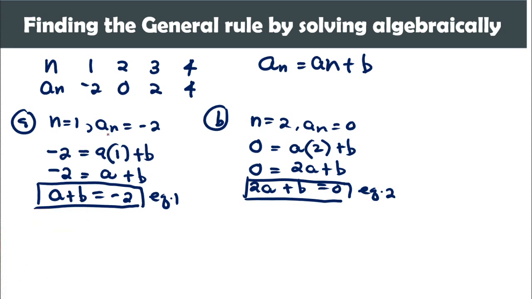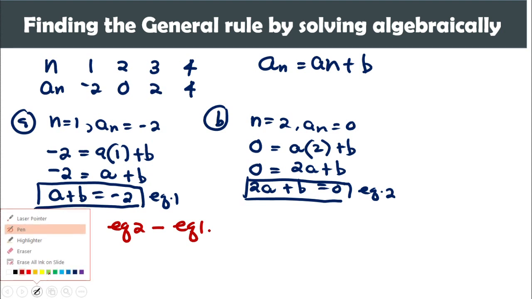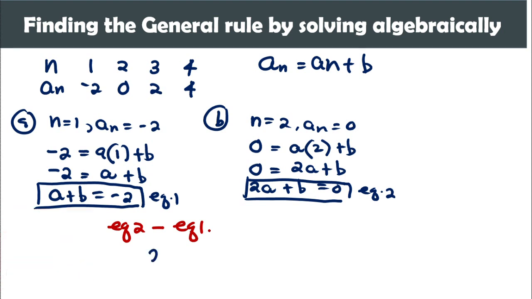For the next step, we are going to subtract equation 2 minus equation 1. So what will happen is that this will become 2a plus b equals 0, minus a plus b equals negative 2.